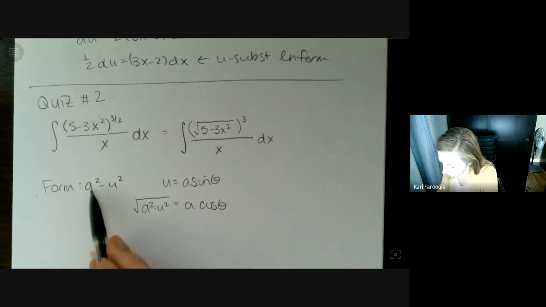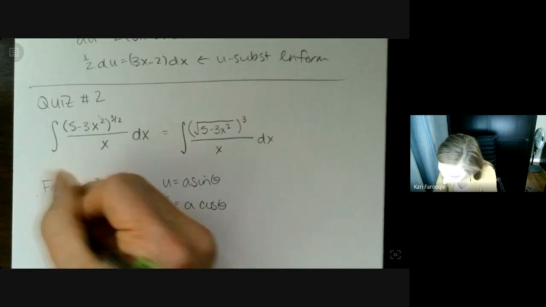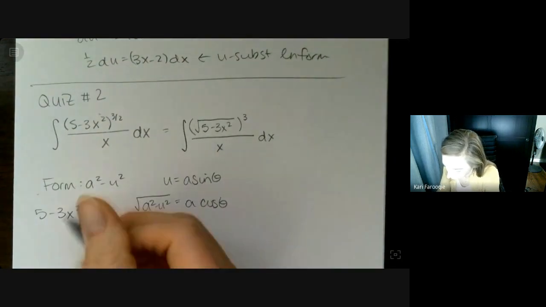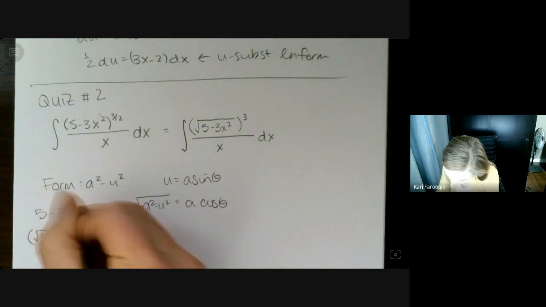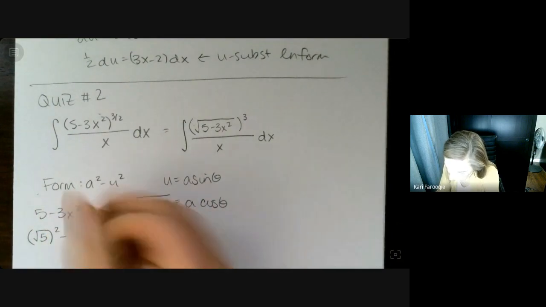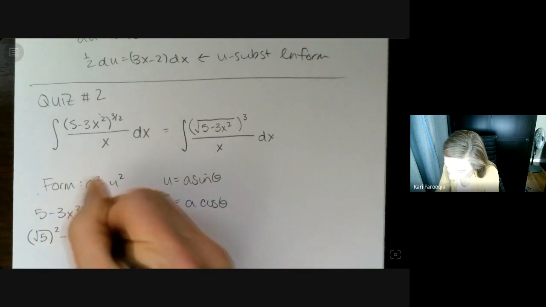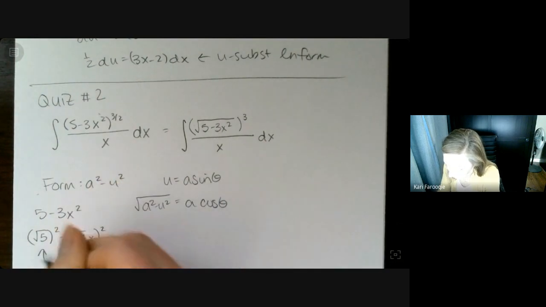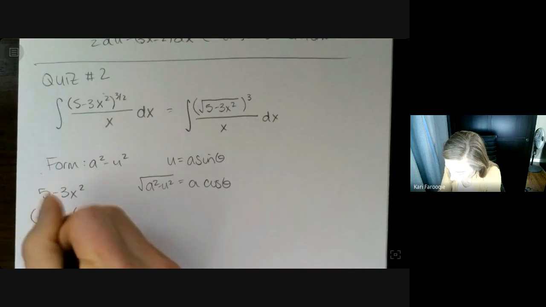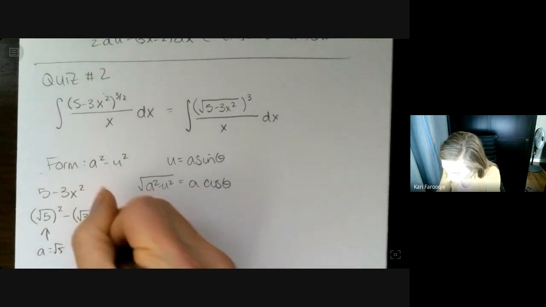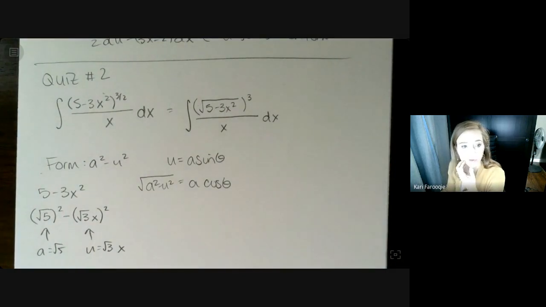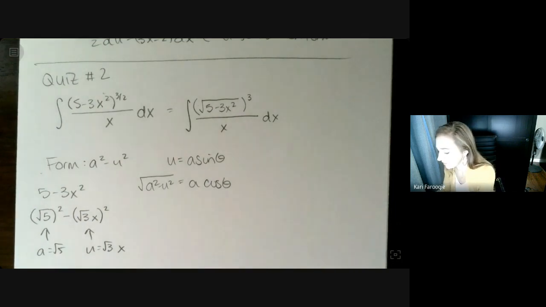So if you have under your radical 5 minus 3x squared, well, 5 is going to be the square root of 5 squared, and then minus, and then for u, you're taking the square root of 3 times x and squaring that. So you're getting a is equal to the square root of 5, and u is equal to the square root of 3 times x. So each one of those quantities needs to be rewritten as a square.